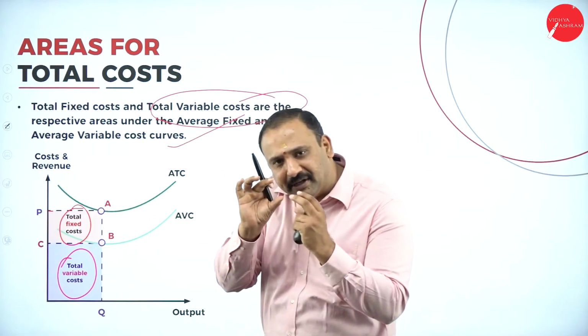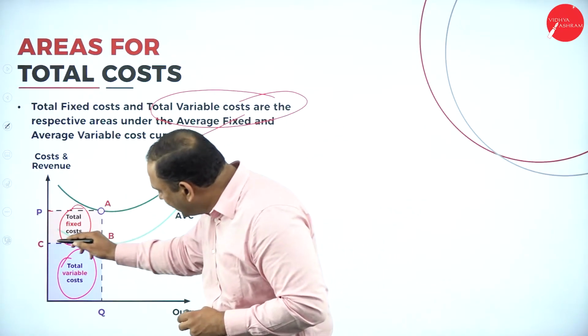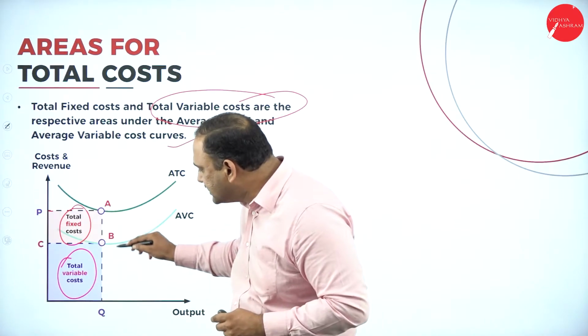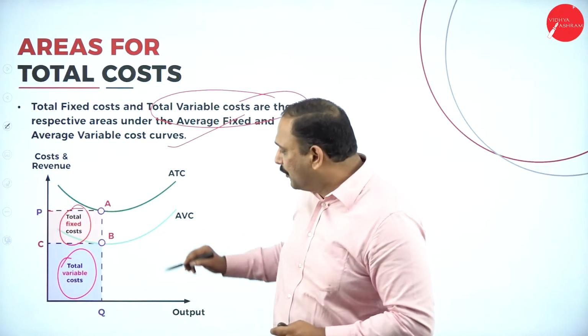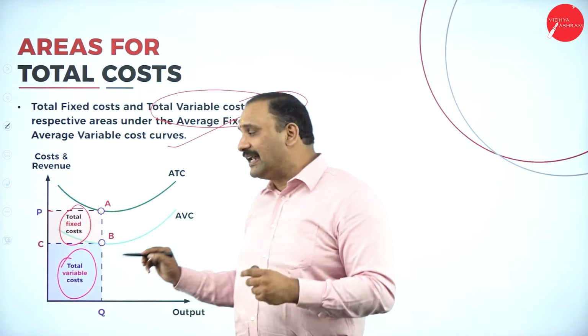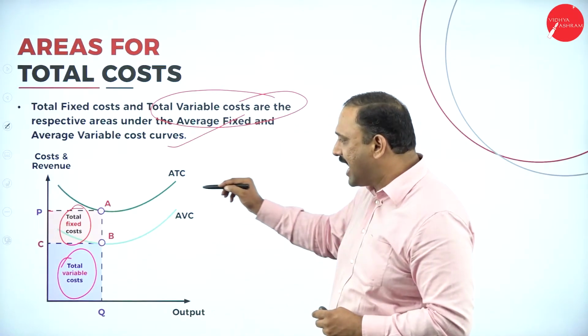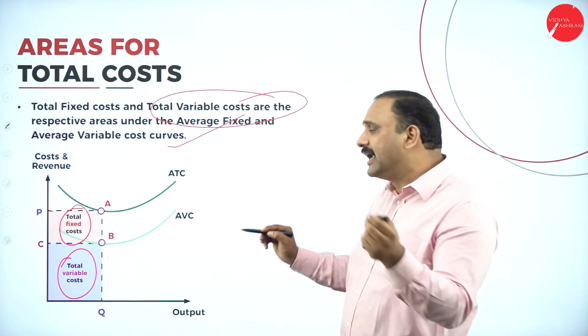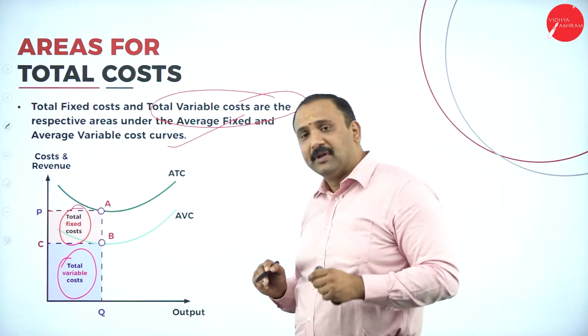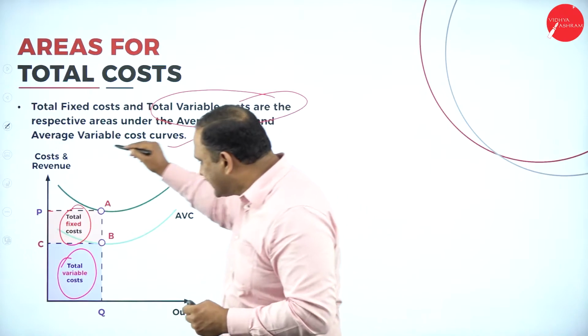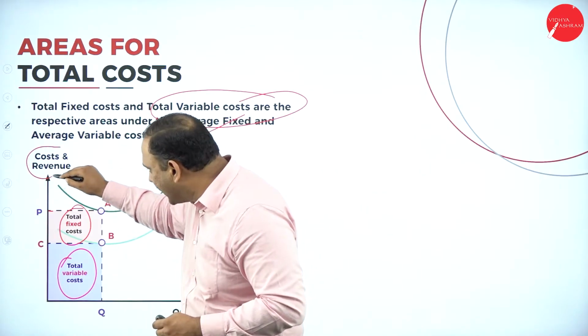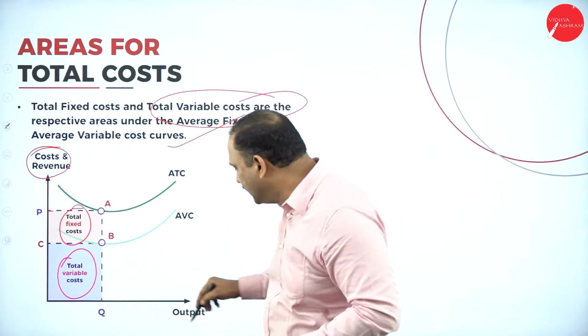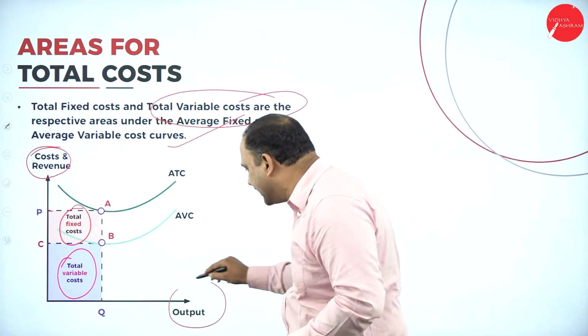The total variable cost is this particular area here. When you add these two, you will receive the total cost. So when you add the total fixed cost plus the total variable cost, you will get the total cost function here. On the y-axis, you will take the cost and revenue, and on the x-axis, you will take the output.